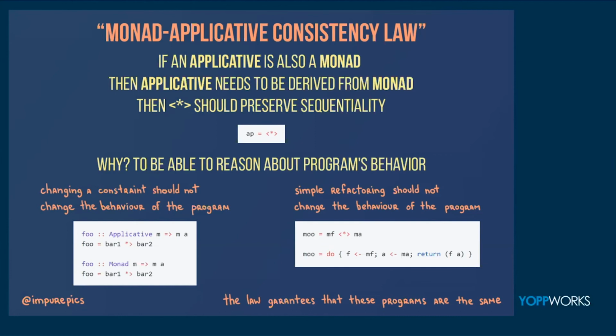So if I change the type constraint of a program and then the program behaves differently, that means that people using my code can no longer reason about the program as easily. But if I change the data type, that's actually fine, because that's something that I have to manually go in and do. And data types represent different ways of implementing behaviors.